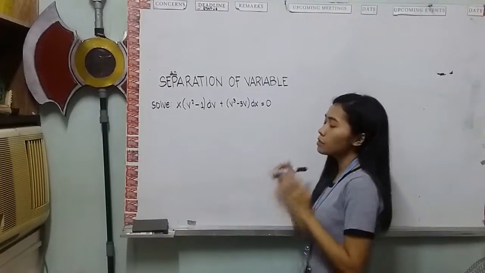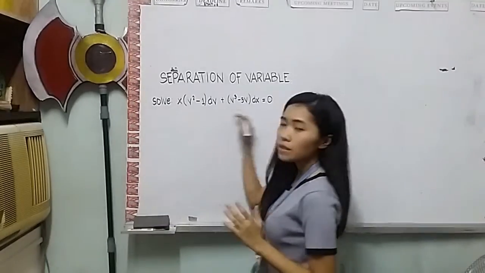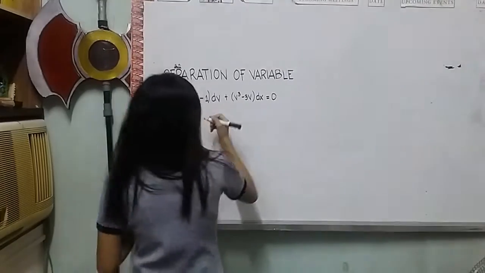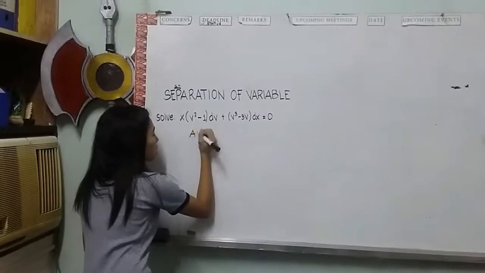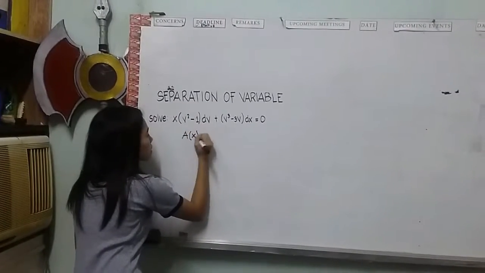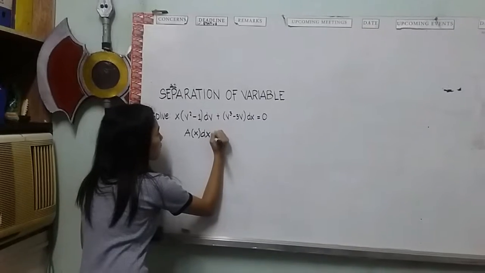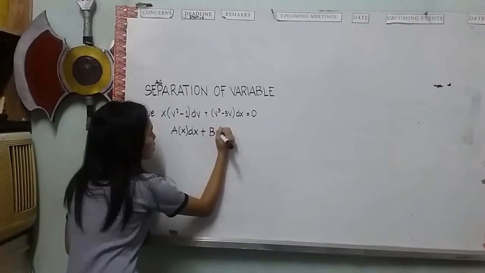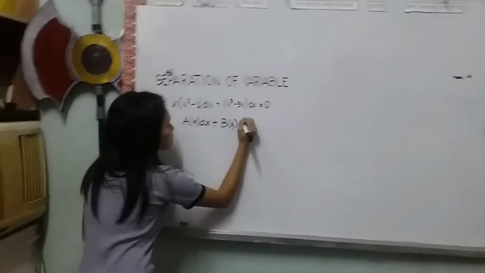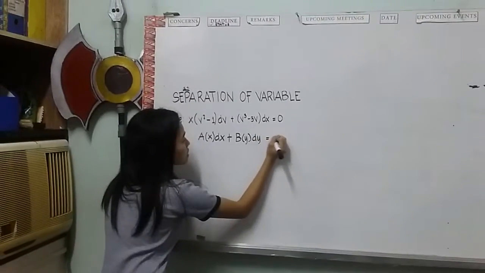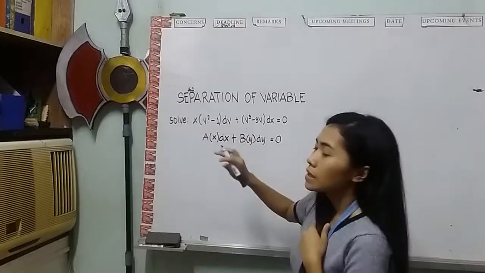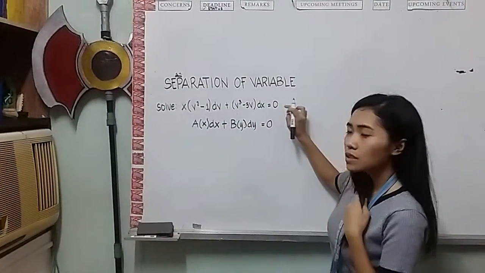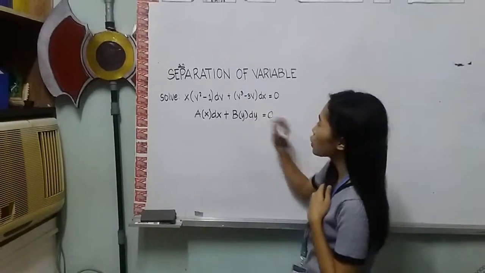First, we are going to transform this equation into the general form of separation of variables, which is a(x) dx plus b(y) dy equals 0. So first, we are going to divide both sides of this equation by v cubed minus 3v.